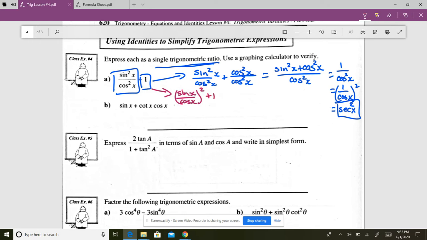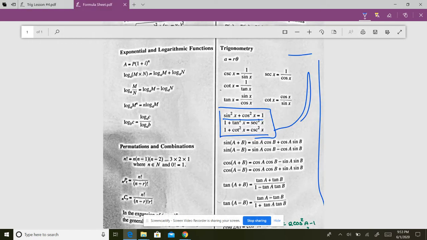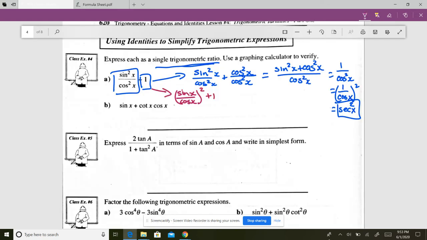Sine x over cos x, look at your formula sheet, is tan of x. So this becomes tan of x all squared plus 1, which is the same as just the notation tan squared of x plus 1.